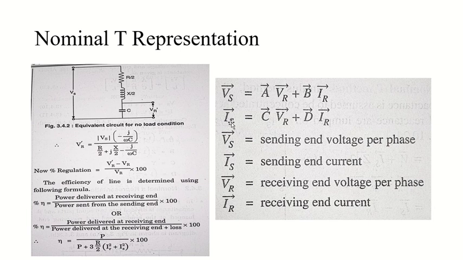This was for voltages. For currents, same story again, this time for Is, and the formula will be C dot VR plus D dot IR. Again, what are VR and IR?